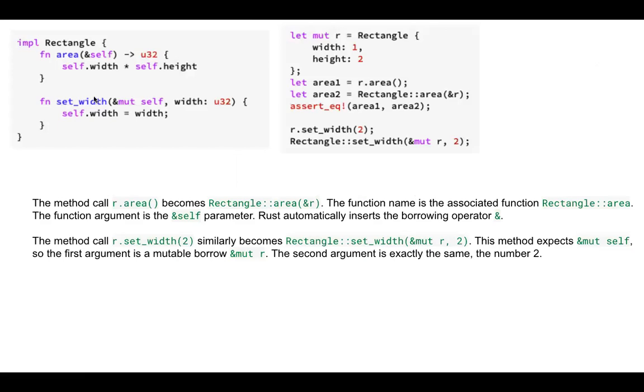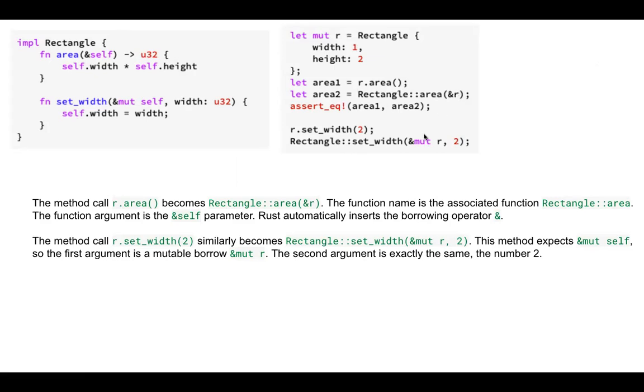So here you create a square, and then how do you call area? r dot area, or Rectangle colon colon area with r.